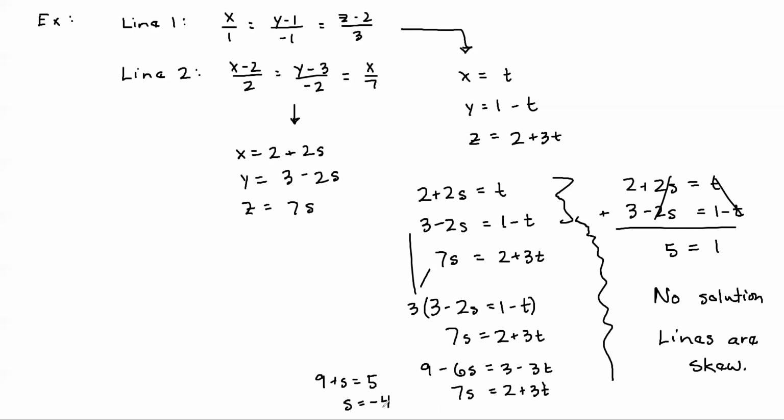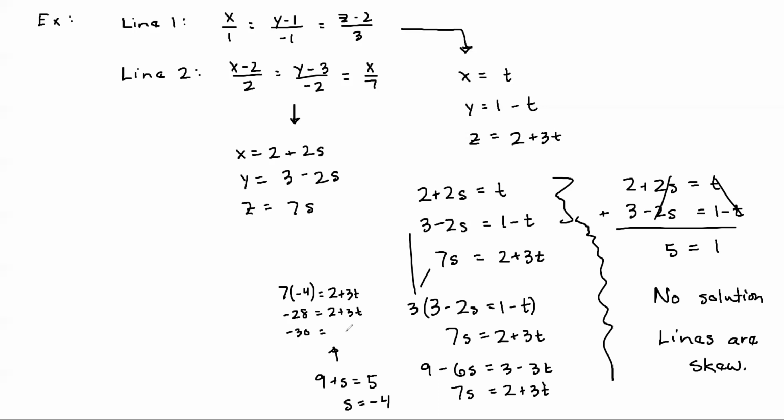And then once you have s is negative 4, you can then plug it into one of these equations to get t. So let's plug it into this one here. So if we do that, we're going to get 7 times negative 4 equals 2 plus 3t. And so it's negative 28 equals 2 plus 3t.